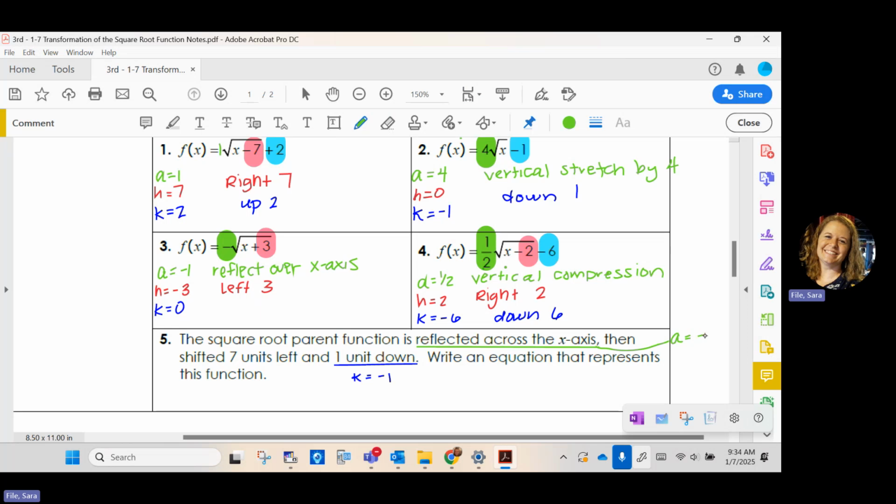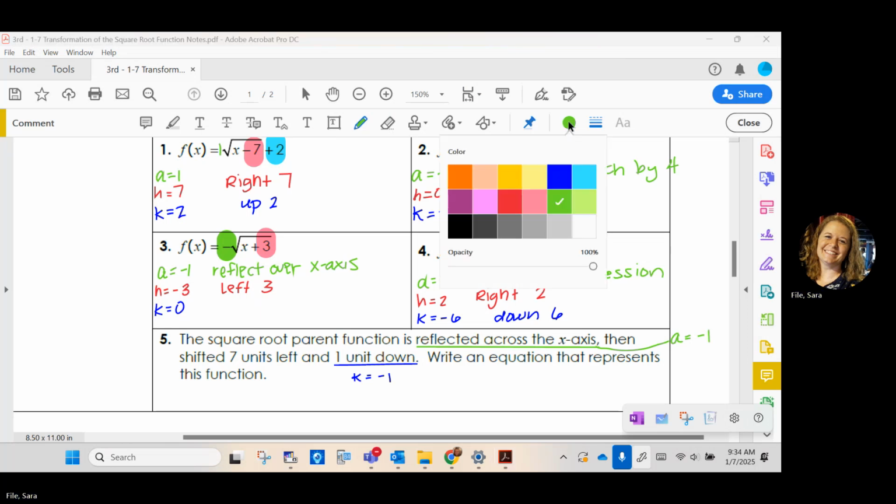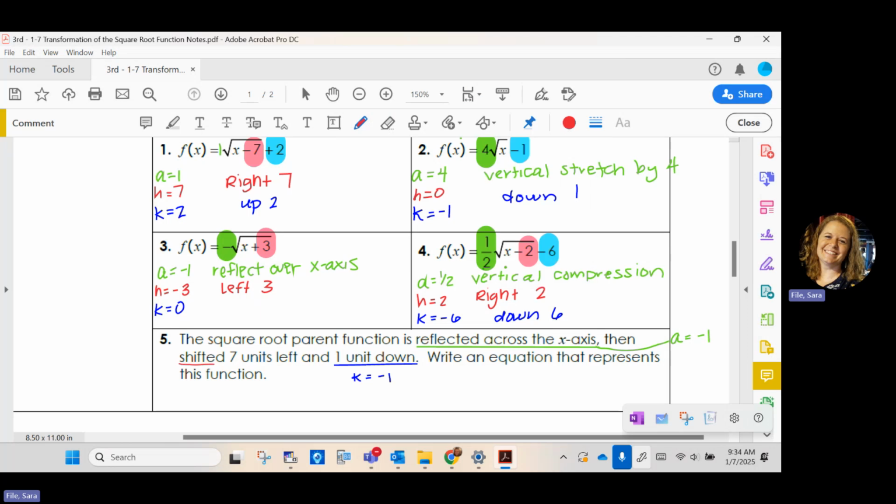Negative. Now, does it say anything about a stretch or a compression? So it's a 1. So just -1. And then it is shifted 7 units left. That would be H. Now to the left means H is -7.